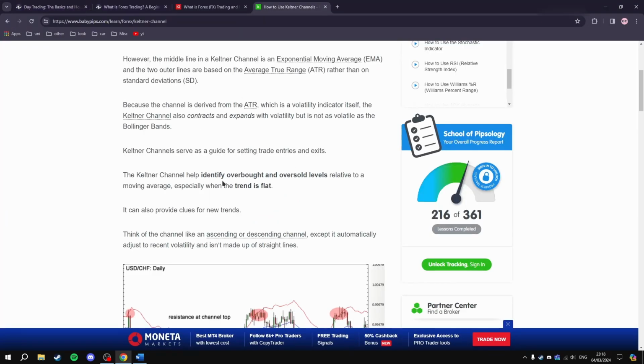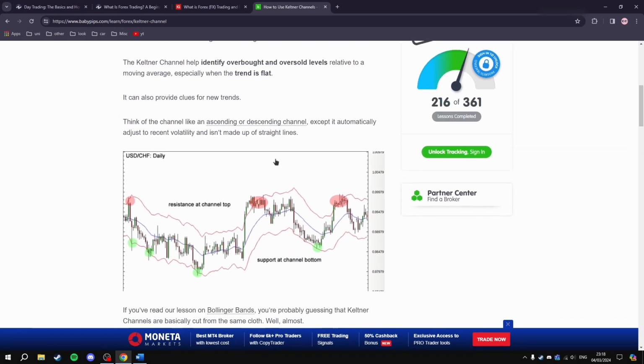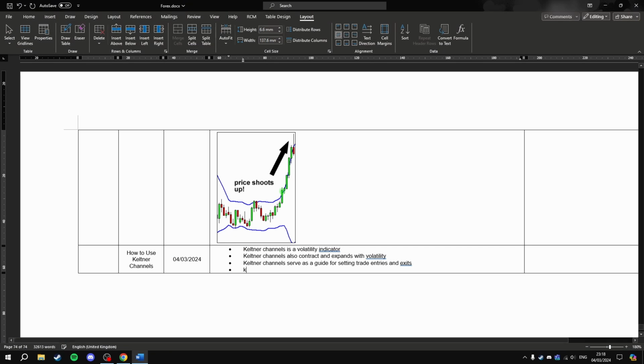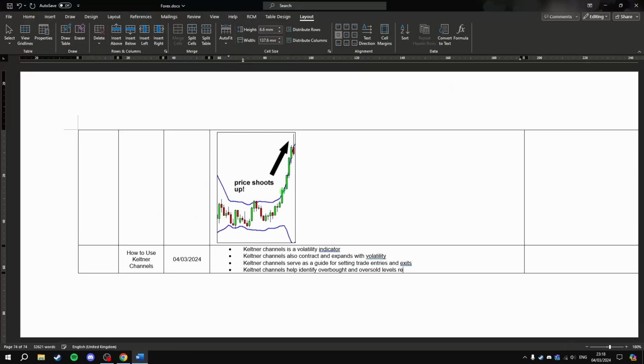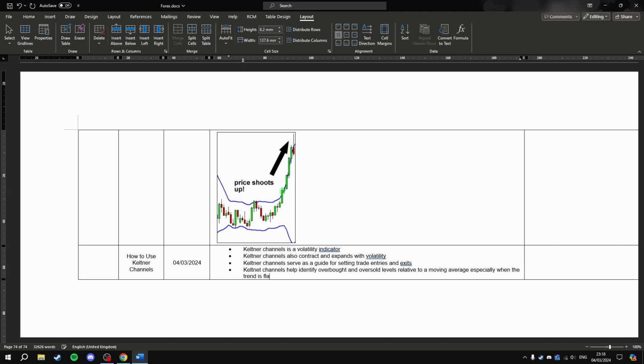The Keltner channel helps identify overbought and oversold levels relative to a moving average, especially when the trend is flat.